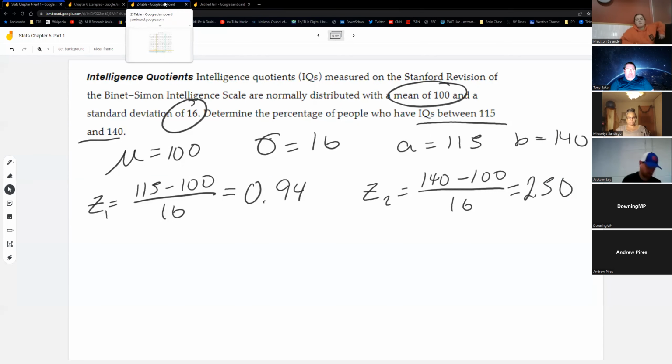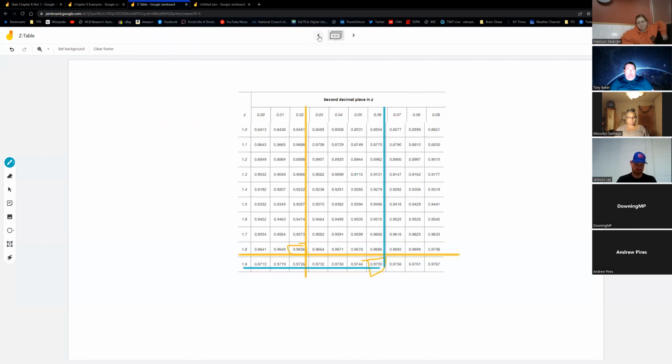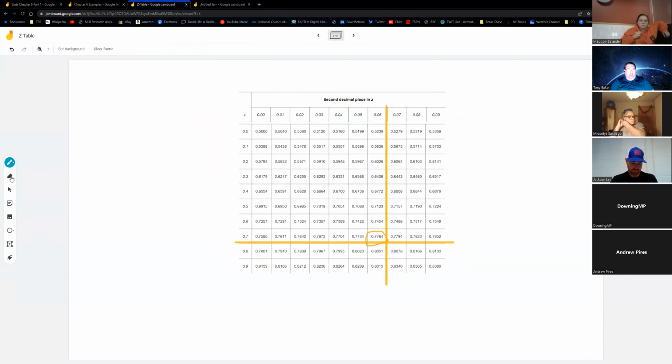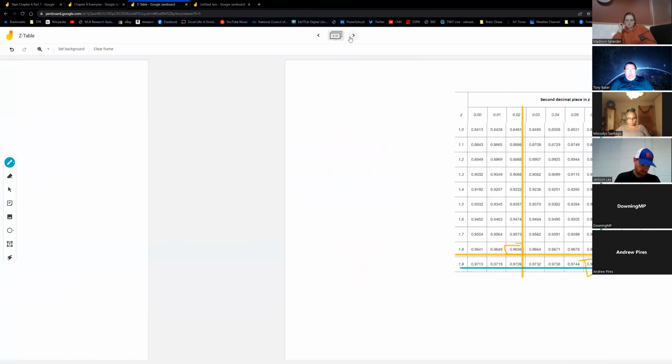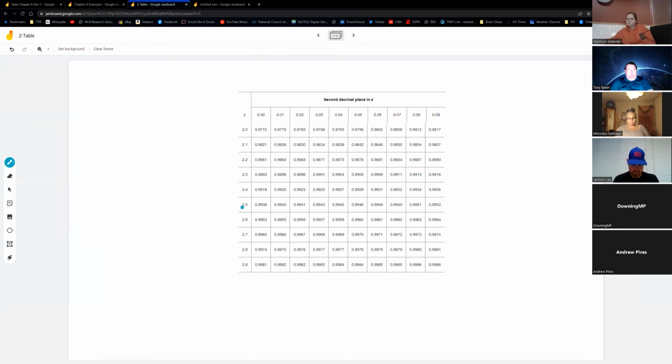Now we've got to go back to our z-tables. My first one was 0.94. So we're going to go 0.9 and then 4. So I get 0.8264 for that one. And then 2.50. So 2.5 and then 0.